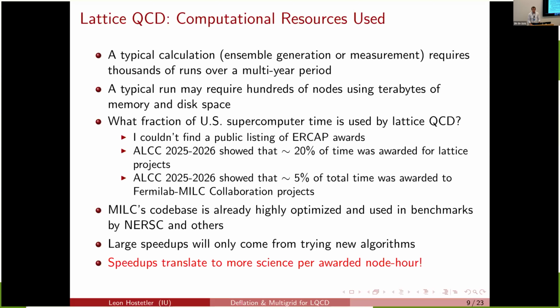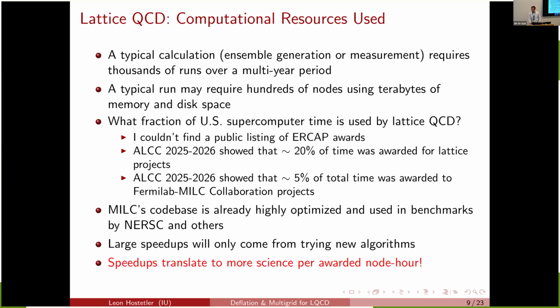QCD? I wasn't able to find a public listing of INCITE awards, so I looked at the latest ALCC awards instead. And this showed that around 20% of the ALCC time was awarded for Lattice projects, and about 5% of the total time was awarded to the Fermilab MILC collaboration projects.